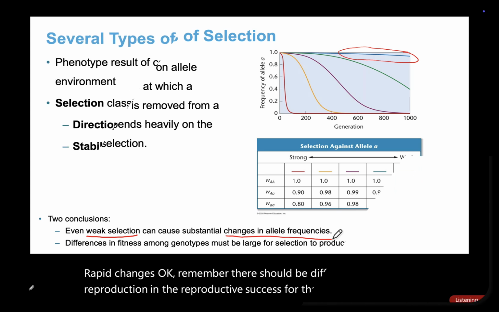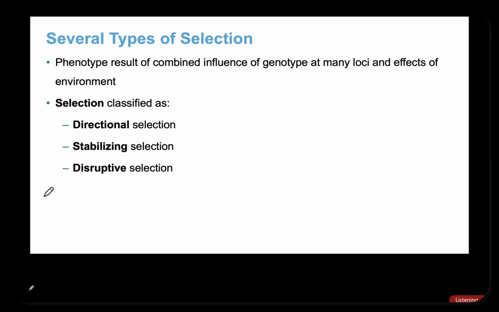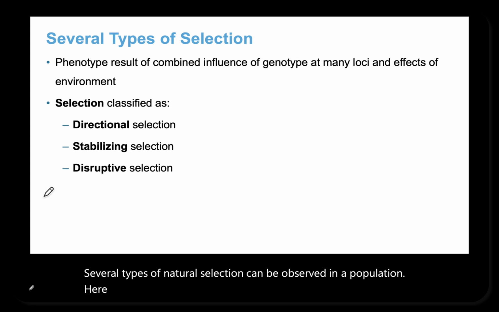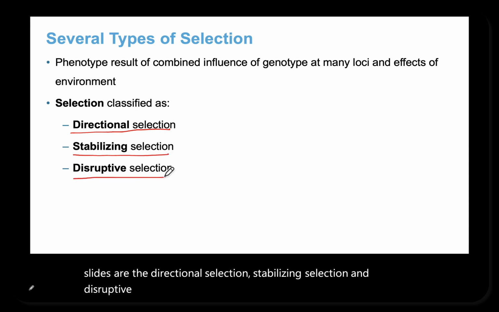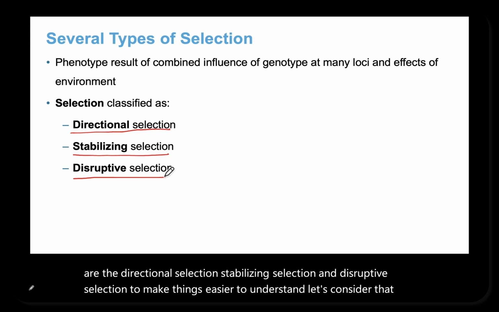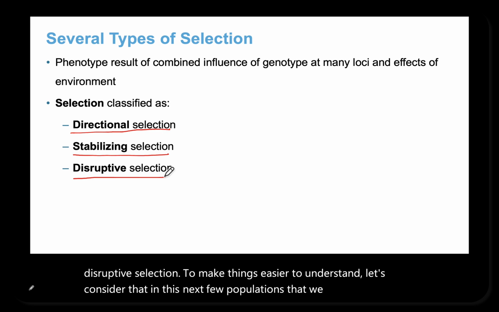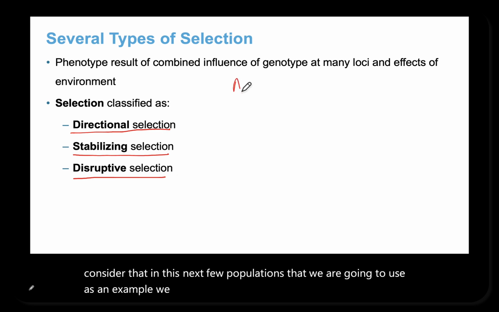Several types of natural selection can be observed in a population. Here, the three types that we are going to study in the upcoming slides are directional selection, stabilizing selection, and disruptive selection. To make things easier to understand, let's consider that in the next few populations that we are going to use as an example, we have three phenotypes.